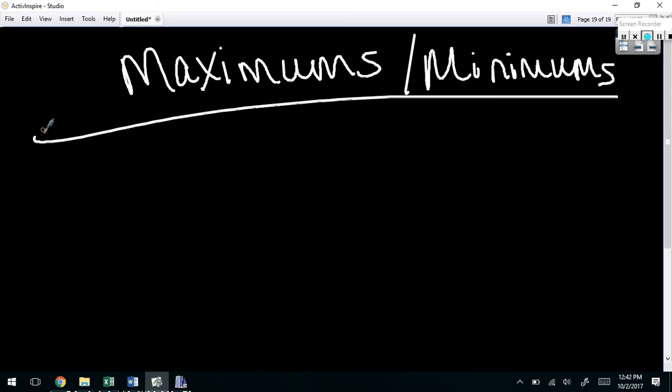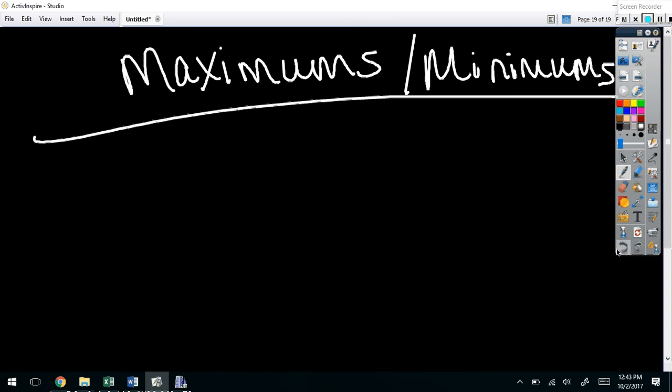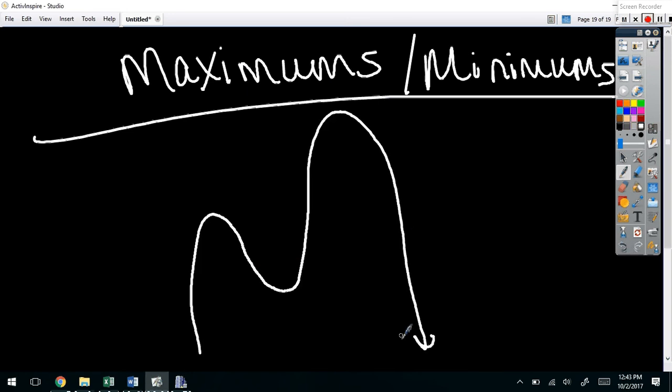But what if I have something like this? What do you think it has? A max, a min, both, neither? It has both, its smallest and its biggest.